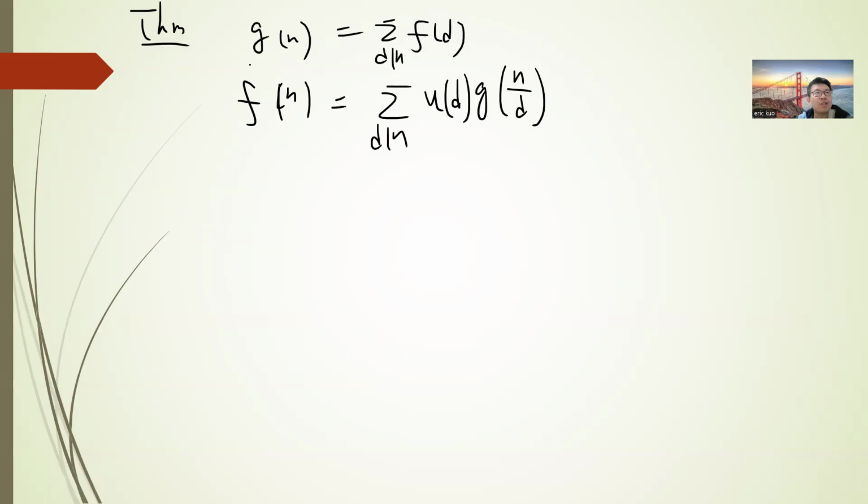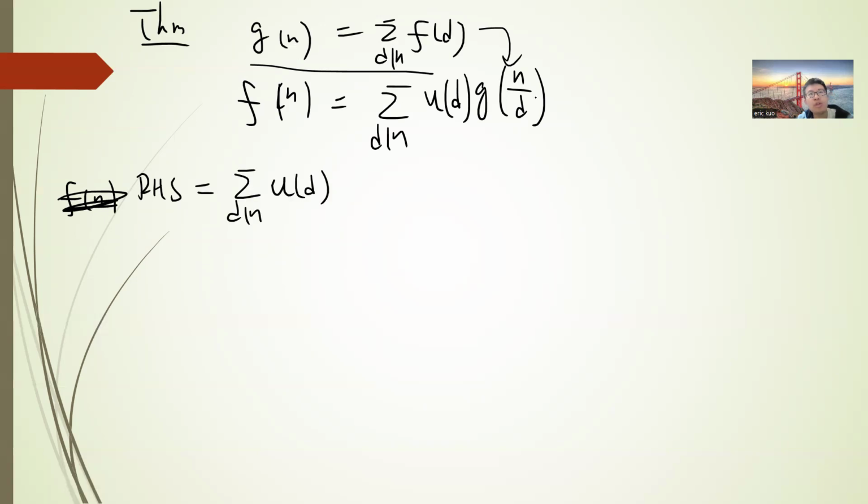So let's say we plug this into the second one, g, by the definition, right? So we just plug into the second. So let's write down the right-hand side, which will be just the sum over d dividing n of mu d, g of n divided by d. Okay, so let's say d prime is n divided by d, and f of d prime.